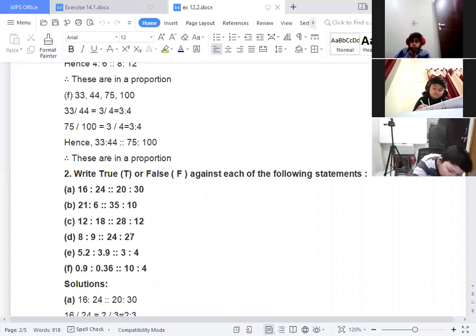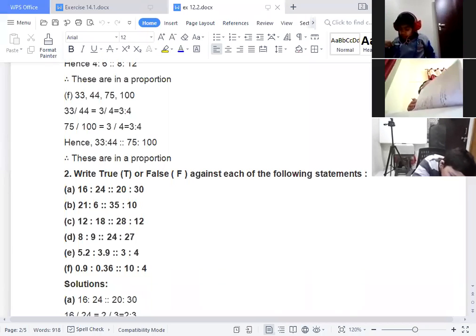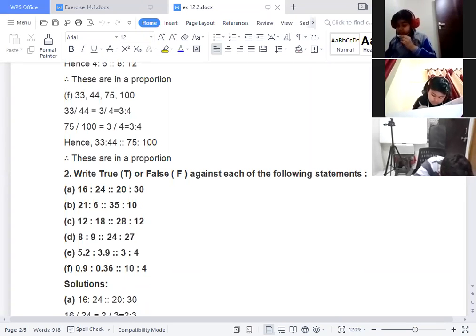Yes, Saksham, unmuted. 16 and 24 go in which table? Ma'am, 2. 2 8s are 16 and 2 12s are 24.